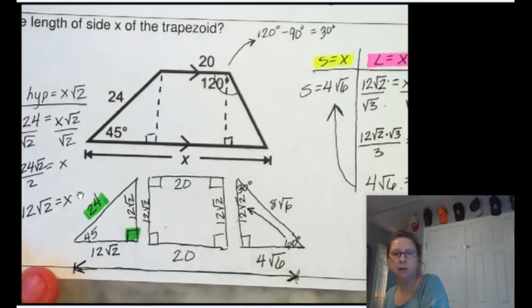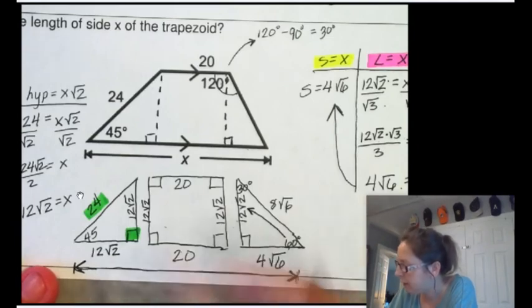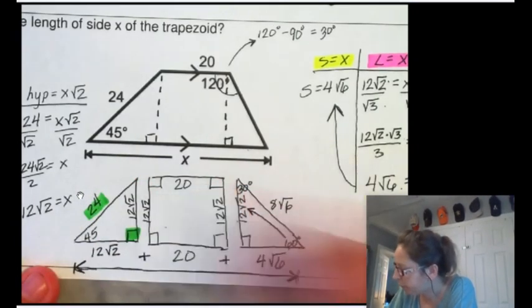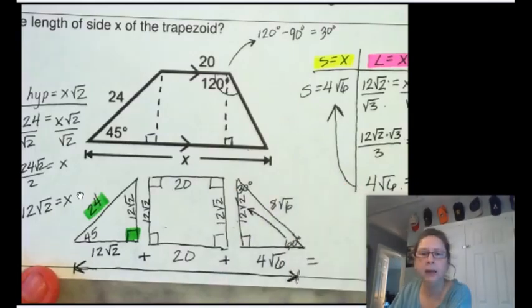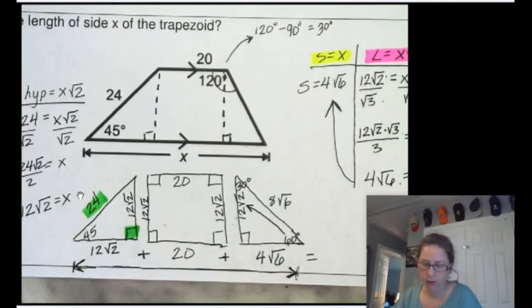So to find the total length, what I'm going to have to do is take these three pieces and add them together. And I can very easily use my calculator to do this. Let me just pull it out, and I just type this in, and it will give me a decimal value.